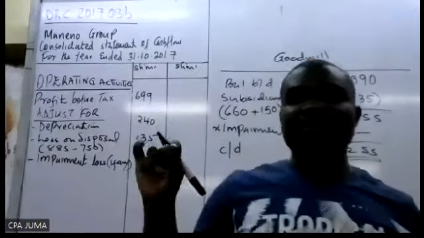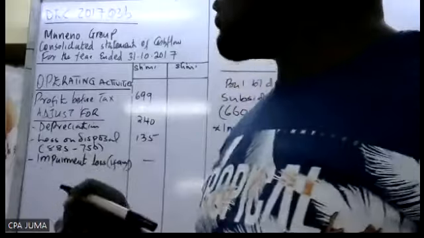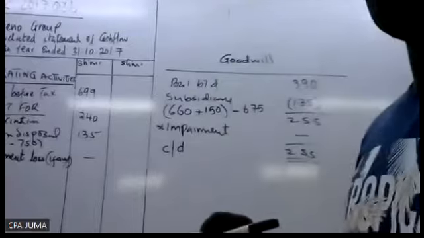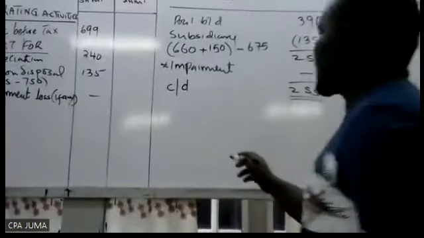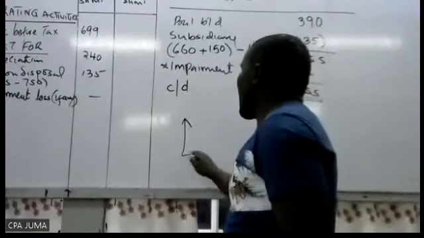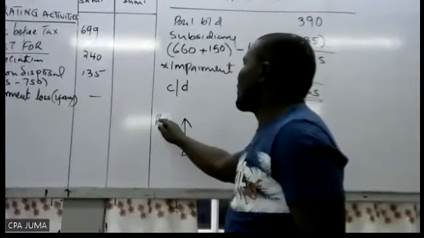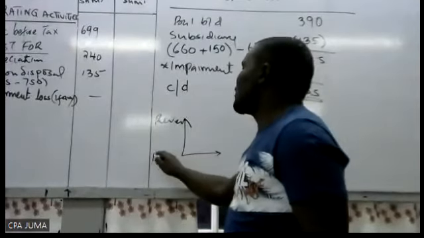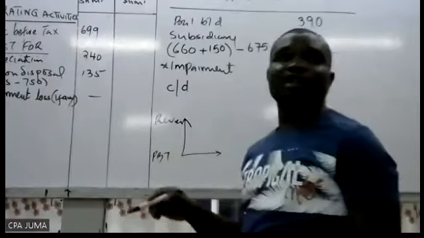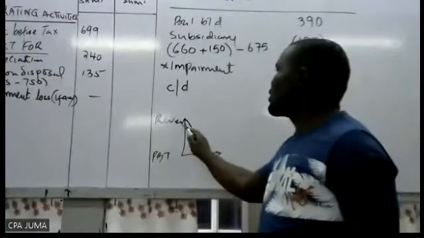So the last phase of adjustment is going back to the profit account, from where we have revenue. This is revenue, this is PBT. So you play around here.